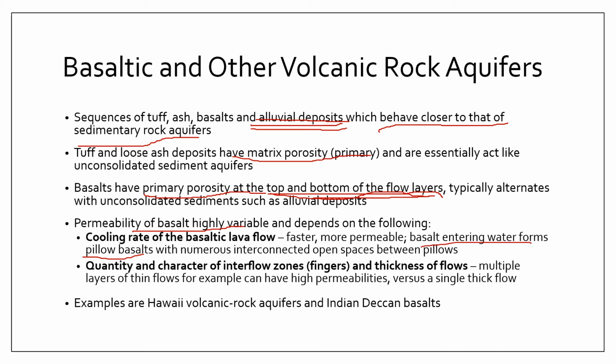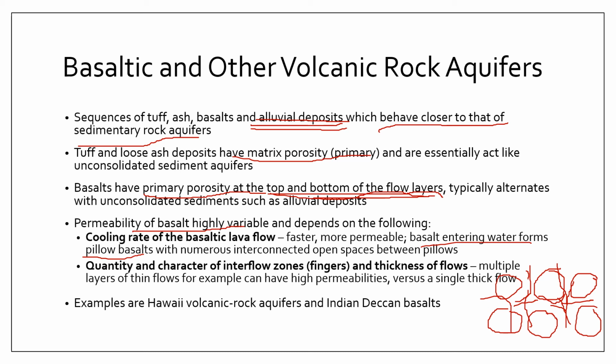Okay, and what happens in pillow basalts is that you have blobs of basalt that are forming. They form pillows, and they are essentially surrounded by cooling margins, which have high permeability or high effective porosities.